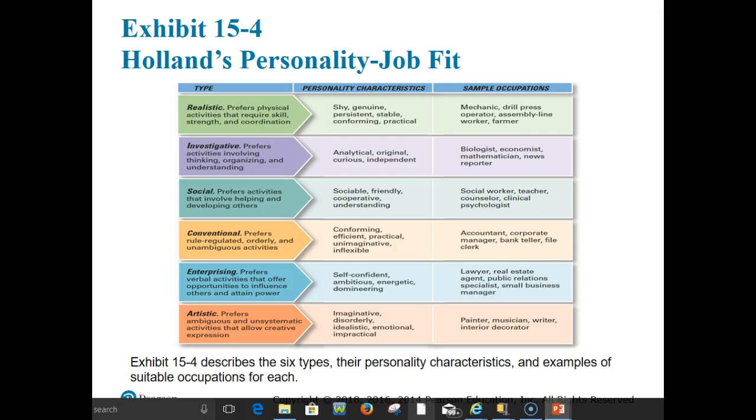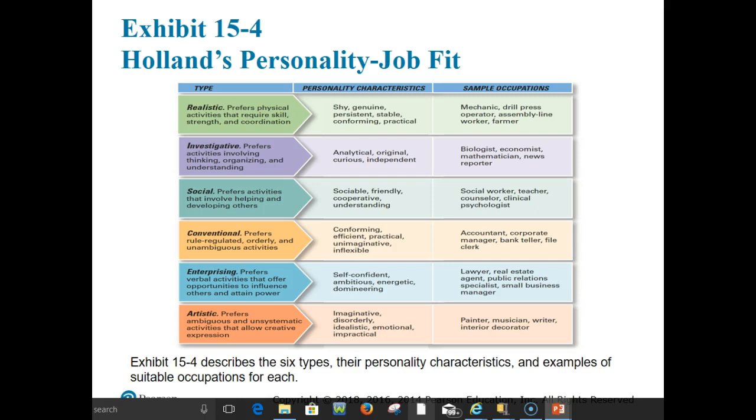And then you have enterprising, prefer verbal activities that offer opportunities to influence others and attain power. They tend to be self-confident, ambitious, energetic, and domineering. Sample occupations for this would be lawyer, real estate agent, public relations specialist, small business manager.